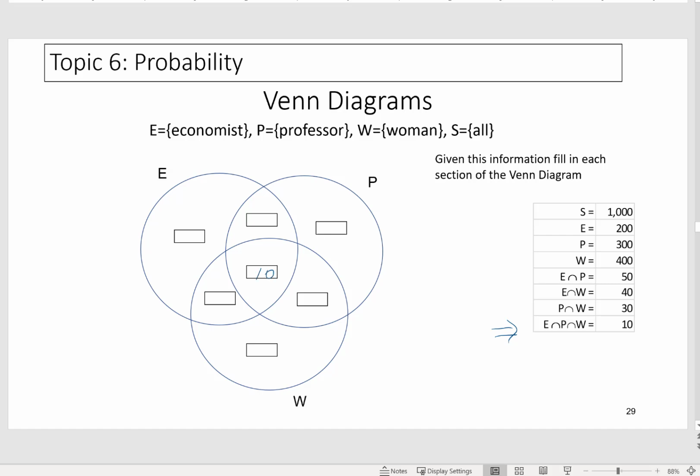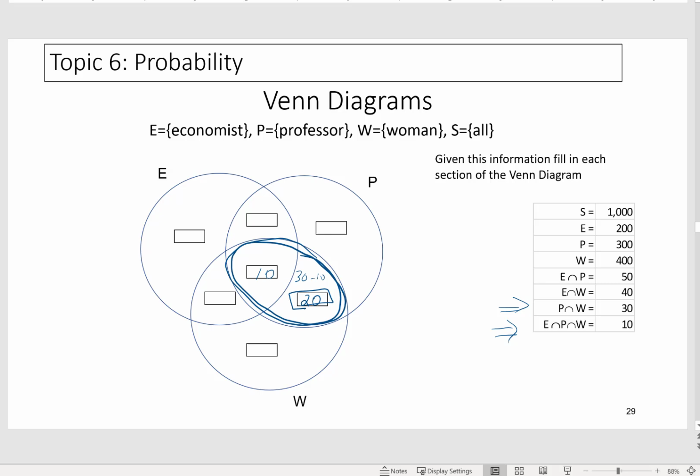Now, if I want to know professor and women, so this whole intersection right here, I know there are 30, but 10 are already accounted for. So in order to get what's just in this box right here, I would have to say 30 minus the 10, so the answer here would be 20.